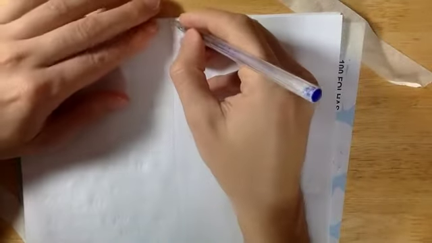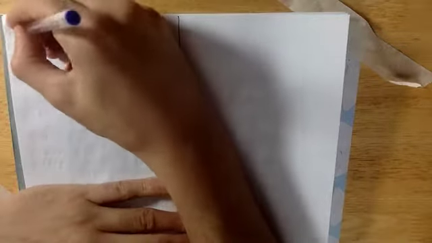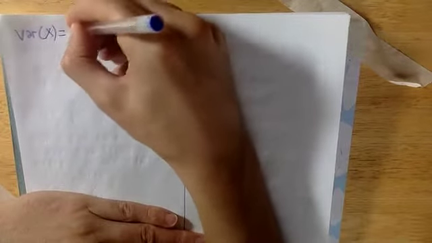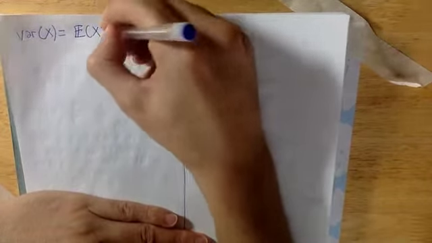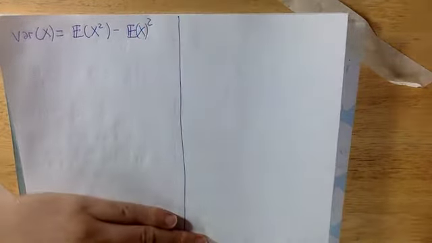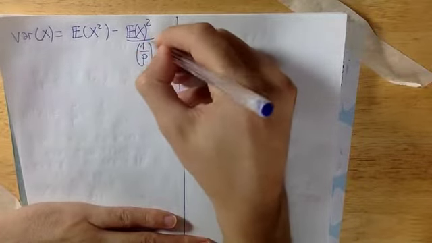So now let's do the variance of x. Again, the variance of x is going to be the expectation of x squared minus the expectation of x squared. Okay, so this is 1 over p squared.